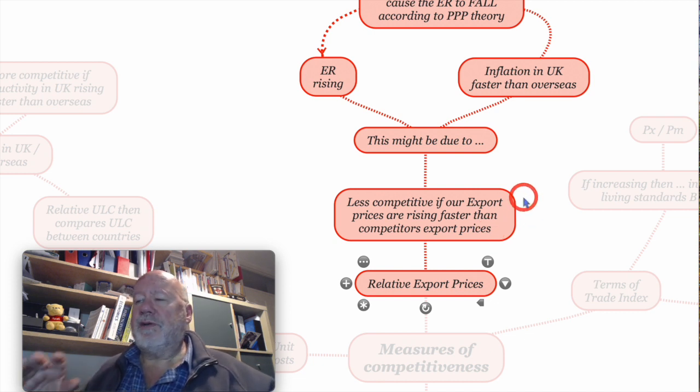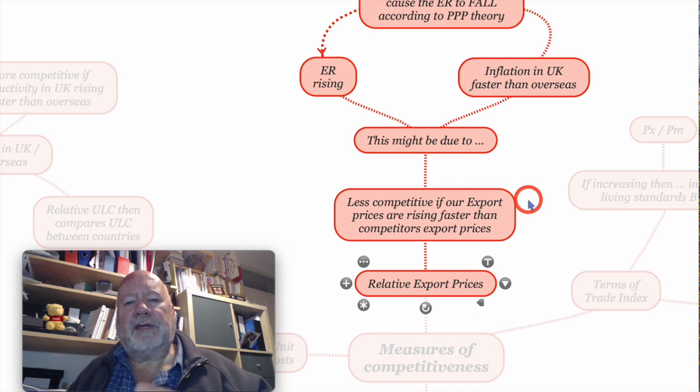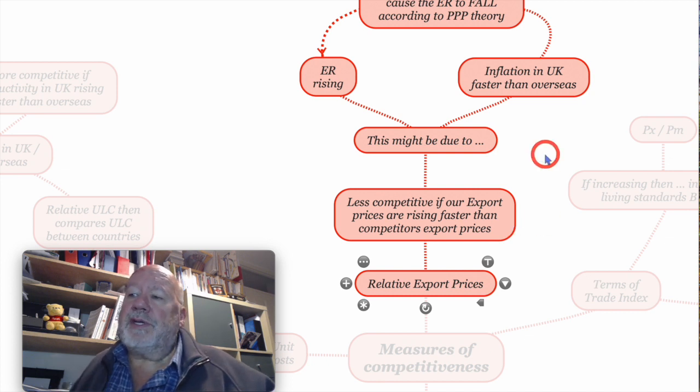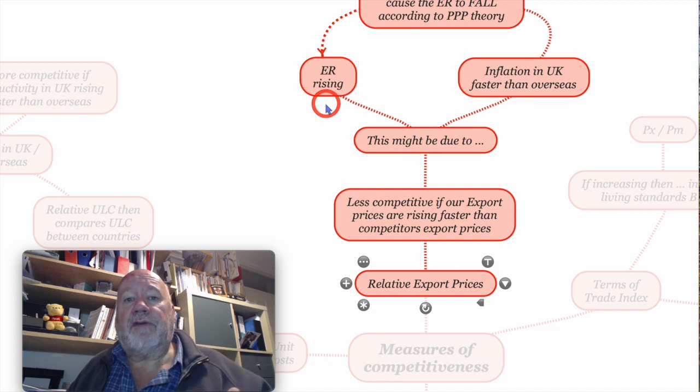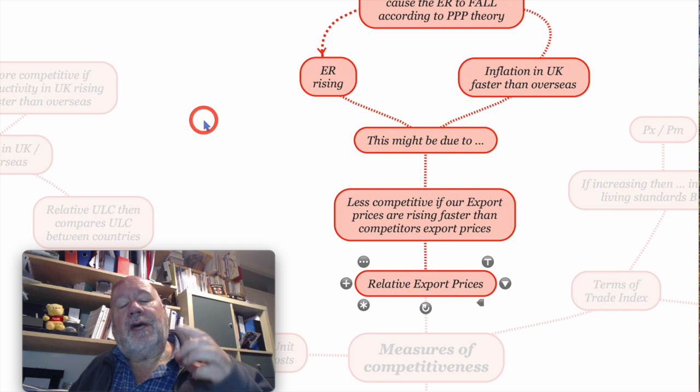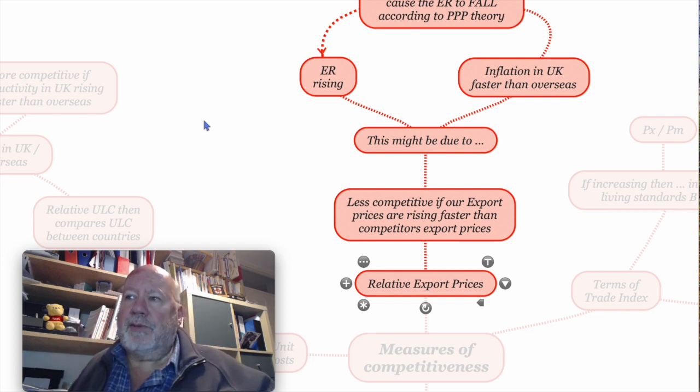In other words, if the UK and the US companies are both selling into Europe, and the UK companies are finding their export prices are rising faster than the American companies', then we will lose competitiveness against the American companies. And it can be down to two things, really. Number one, inflation in the UK being faster than America, or the exchange rate rising. And as I say, sometimes that exchange rate gets added to the relative unit labour costs as well. But I keep them separate.